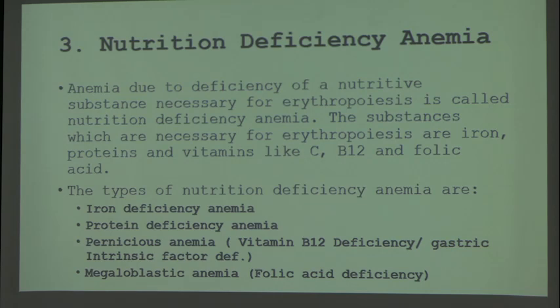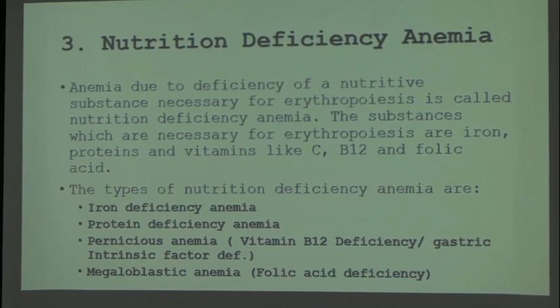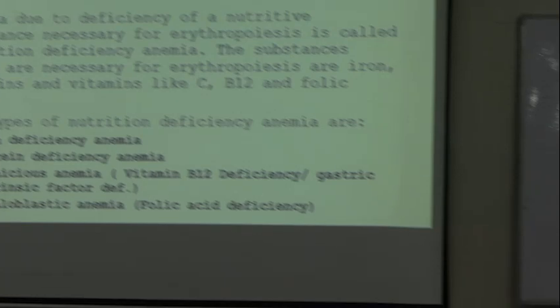In the gastric mucosa, if you see the gastric glands, you will find a lot of secretory cells. One cell type is parietal cells, also called oxyntic cells. They produce hydrochloric acid. These cells also produce another important thing, intrinsic factor. This is very much needed for absorption of vitamin B12.